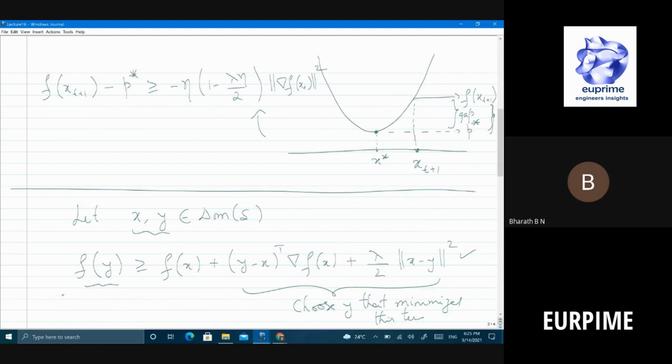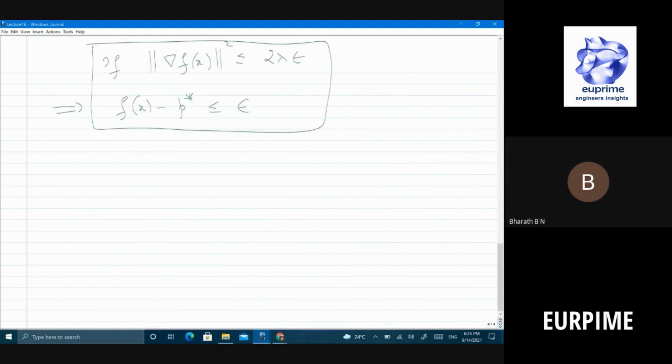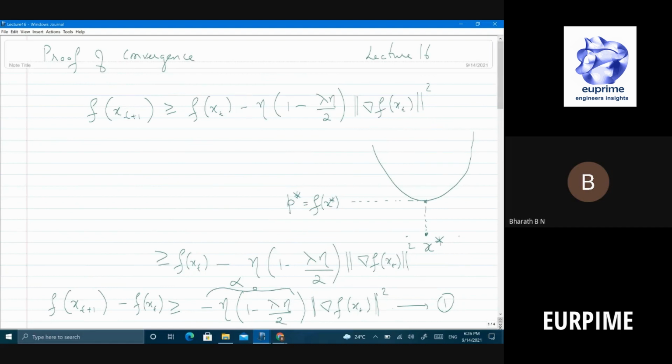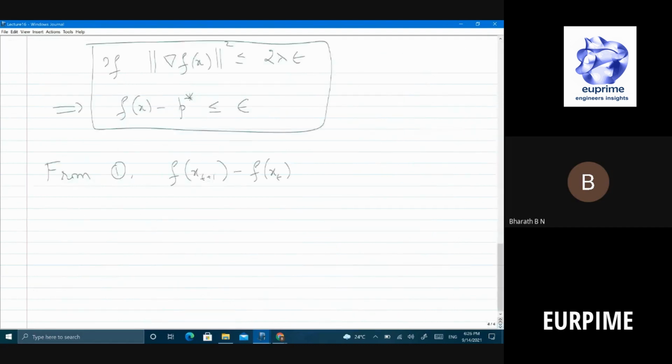So this is what we have, right? From 1, we have f of xt plus 1 minus f of xt is greater than or equal to alpha times the gradient of f of xt whole squared. Okay. If I sum both sides over t from 0 to capital T, what do I get?